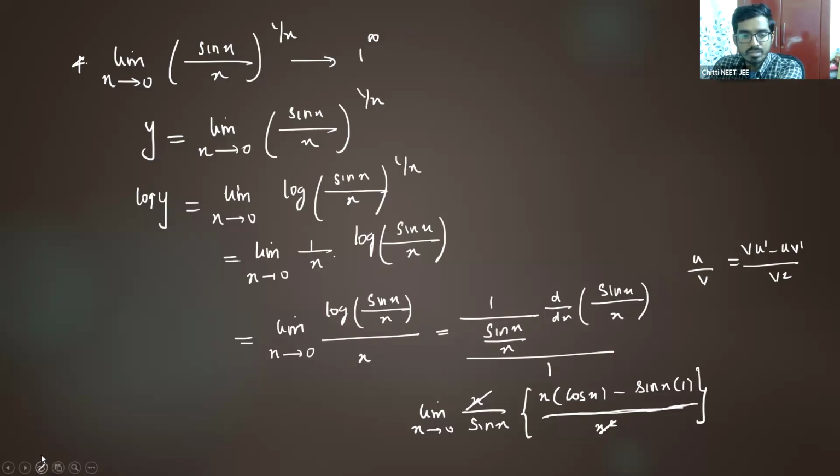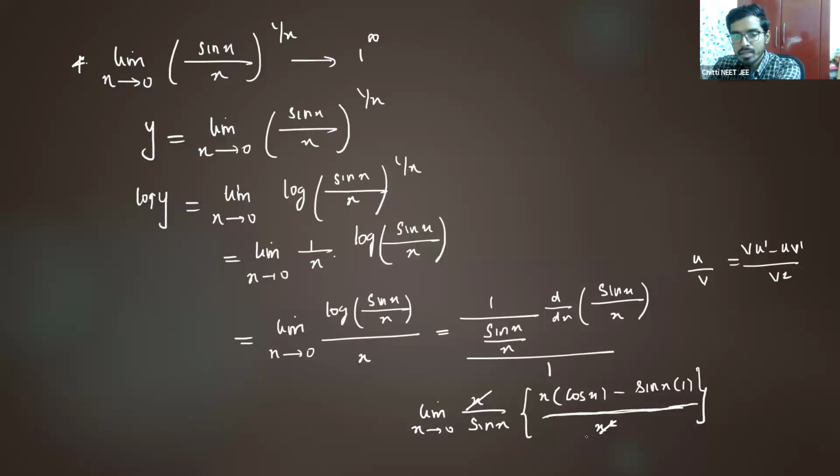See, what I can do is, let us write this sin x as, let us multiply and divide by x. This will become 1. Let us keep this as it is. So we have x cos x minus sin x whole divided by, here we have 1x and here we have sin x, so it is x sin x, right? Now this is limit x tending to 0.